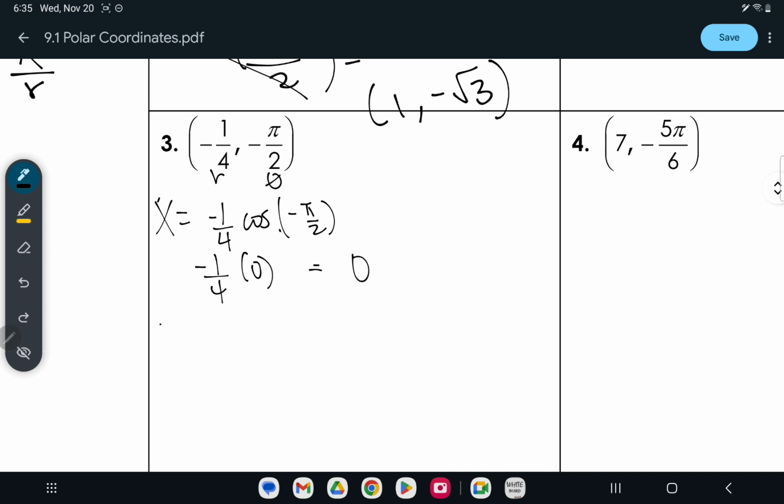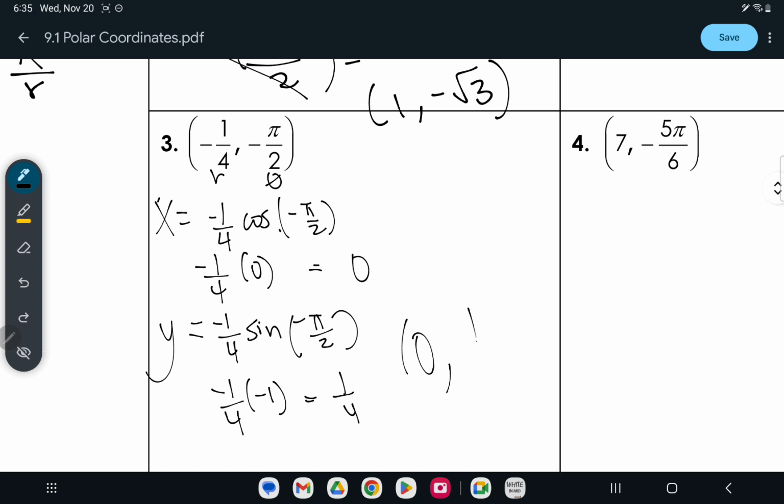So x is 0. Y is r sine theta. Well, sine of negative pi over 2 is negative 1. So y is 1/4. So 0, 1/4.